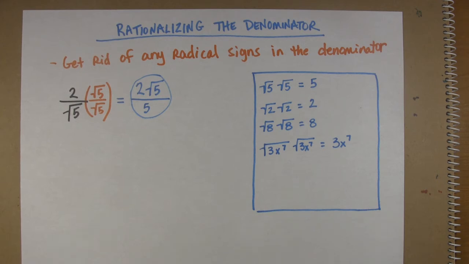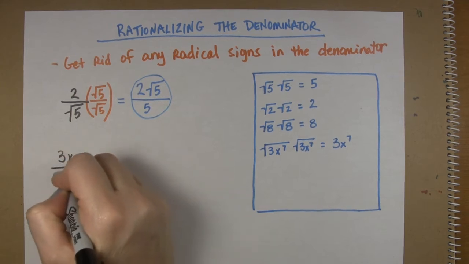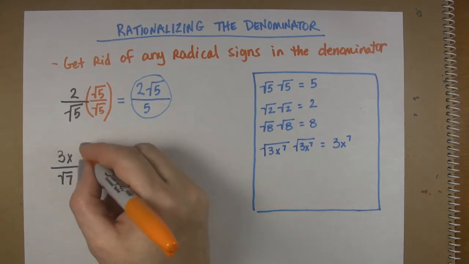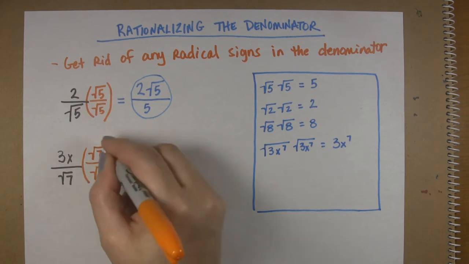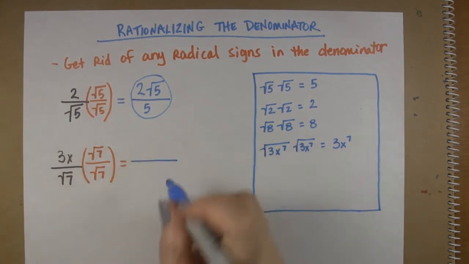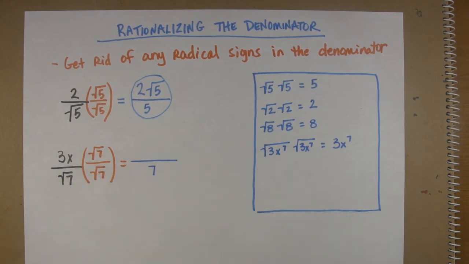Let's try another one. Let's try 3x over root 7. And we want to rationalize that denominator. So we're going to multiply this by root 7 over root 7. And what will we get? Well, on the bottom, root 7 times root 7 is just plain old 7.